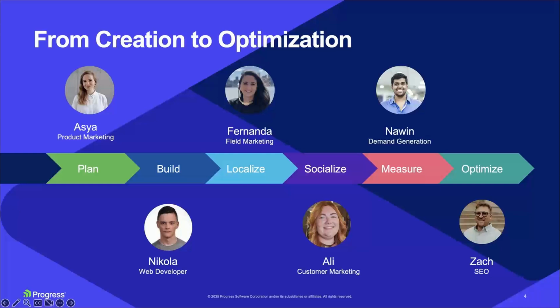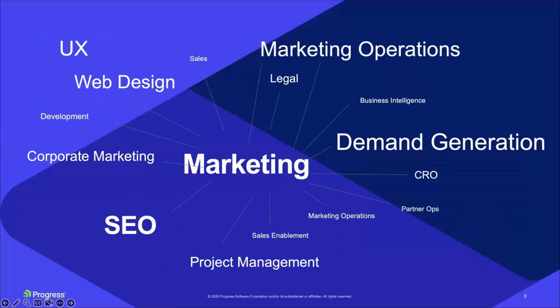So what I'd like to think about 15.3 is that it's the perfect release that makes many of those tasks that Asia, Nicola, Fernanda, Ali, Naveen, and Zach need to do on a daily basis more efficient, quicker to deliver at top-notch quality and within committed deadlines. Because, and I've shown this so many times, we are part of an ecosystem between so many different teams, ranging from SEO all the way to legal.